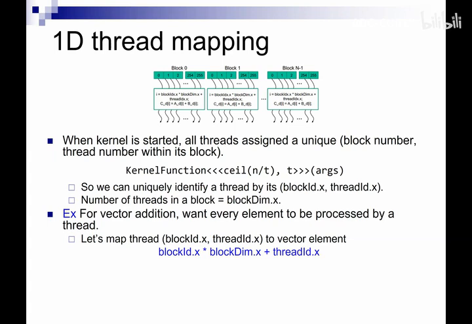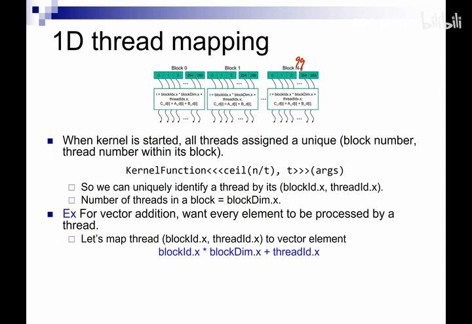Suppose here that we have thread blocks, and let's say you have 100 thread blocks, so block IDs go up to 99, and we have 256 threads per block.